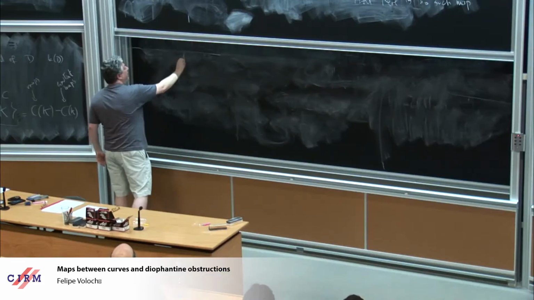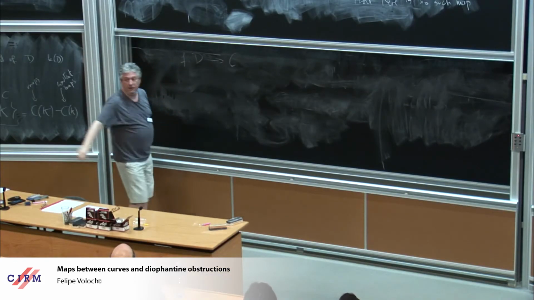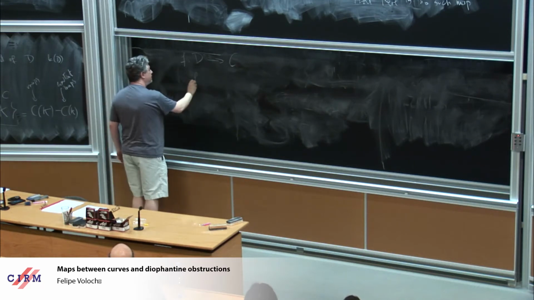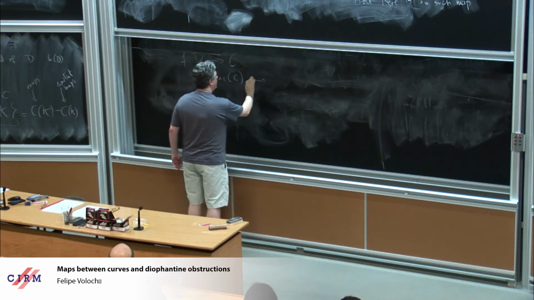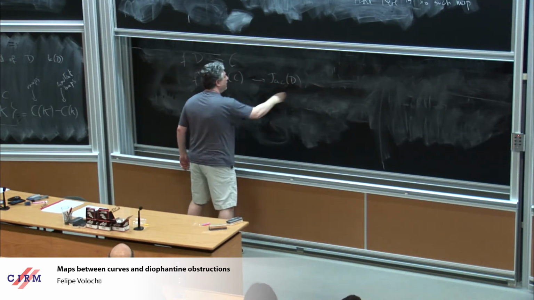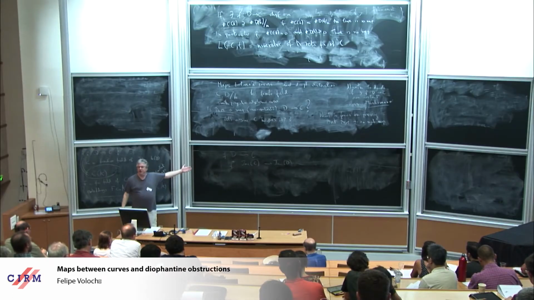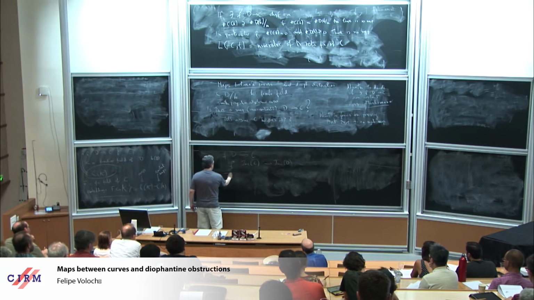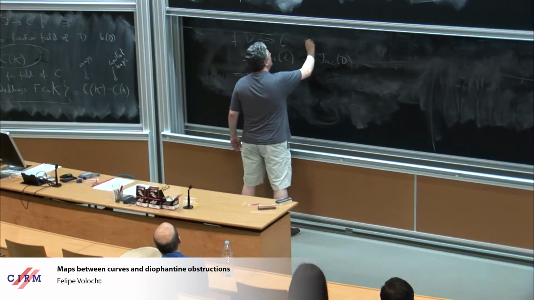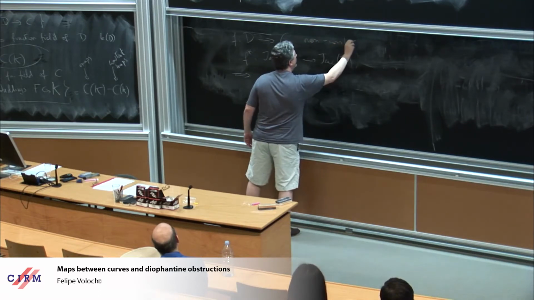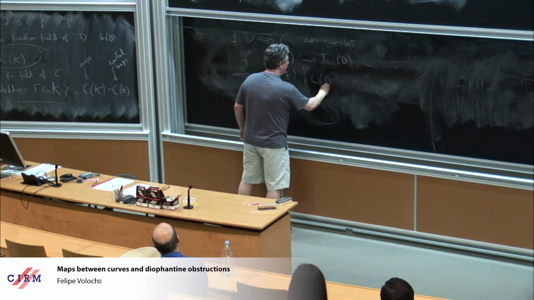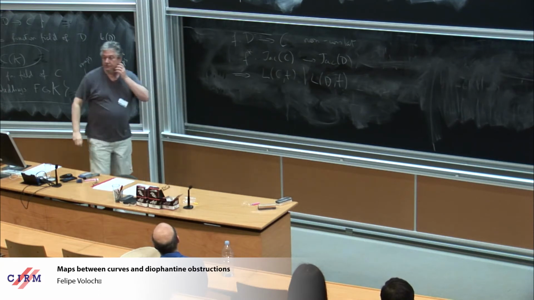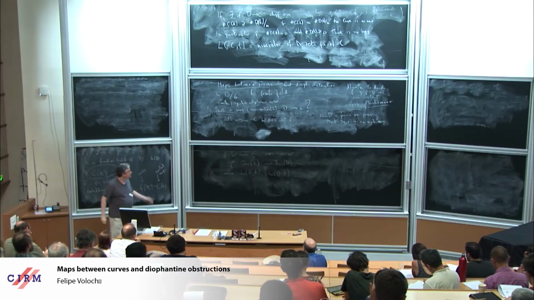So if you have a non-constant map F from D to C, pullback of divisors induces a map F upper star from the Jacobian of C to the Jacobian of D, exhibiting the Jacobian of C as an isogeny factor of the Jacobian of D, and that implies that the L function of C divides the L function of D. Right?